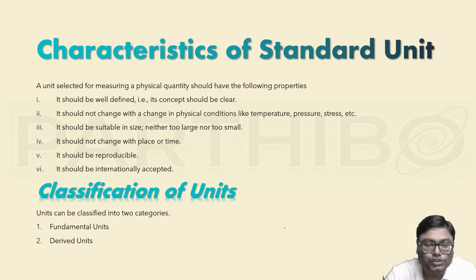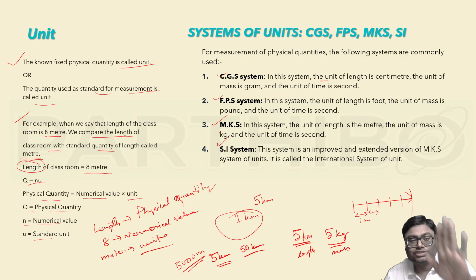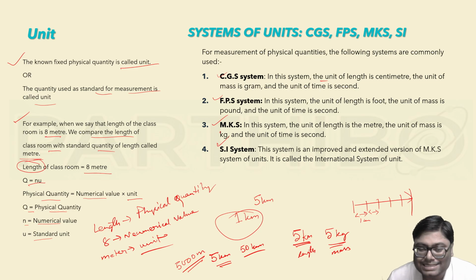Let us come back to the thing that we have. At the beginning we have three fundamental units: mass, length, time. In CGS, the unit of mass is gram, length is centimeter, and time is second. Time is always second. It doesn't matter what system of unit we are taking, it always gives us second.